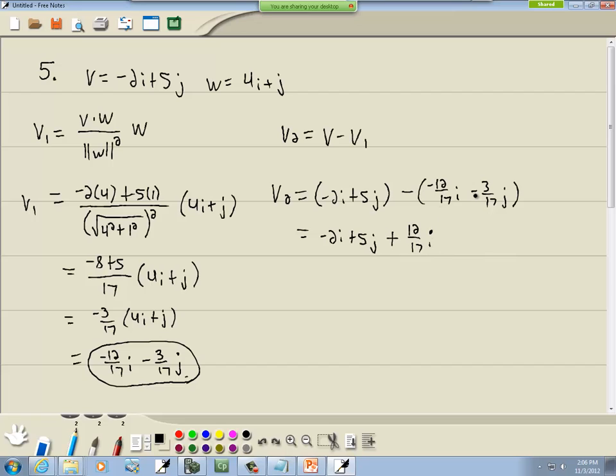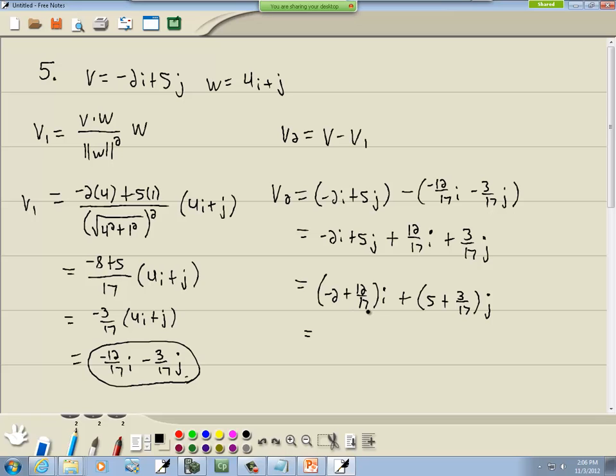And here this negative flips that sign too, so it becomes a positive 3/17 j. Well, let's put the i's together. So we got negative 2 plus 12/17 i. And let's put the j's together. So we got 5 plus 3/17 j.